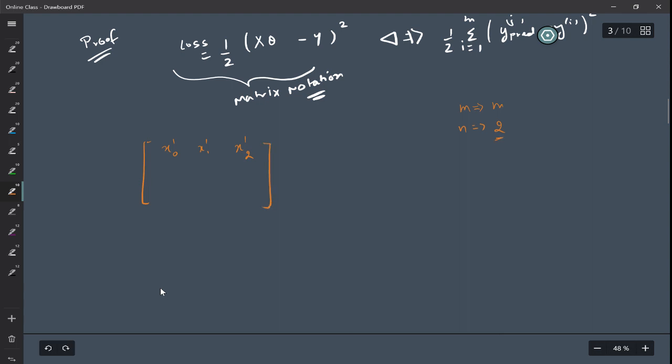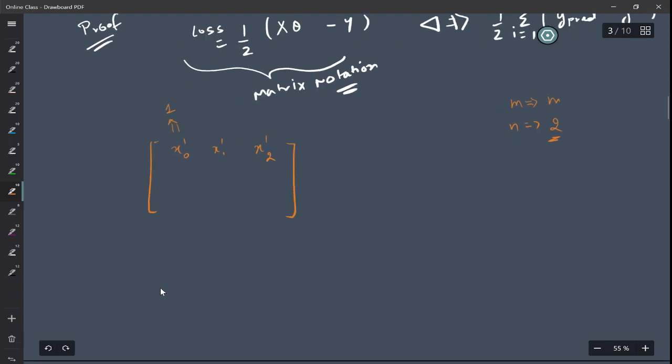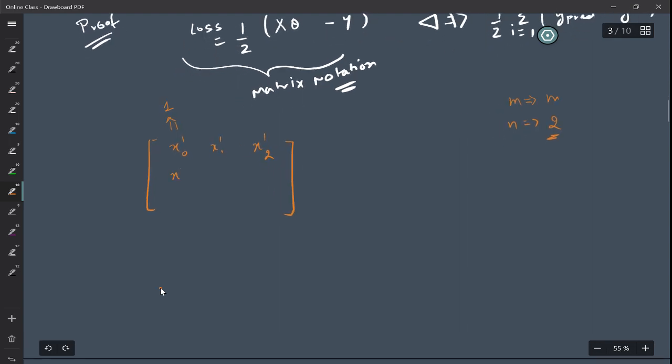So we have 2 features, and this extra feature is going to have a value of 1. So x2 0, x2 1, x2 2, and up to, we have m such examples, so xm0, xm1, and xm2.